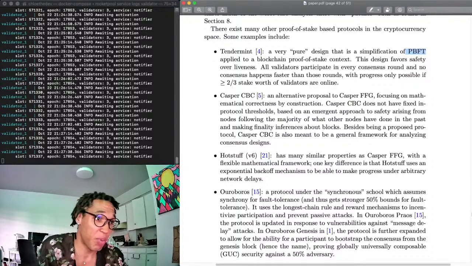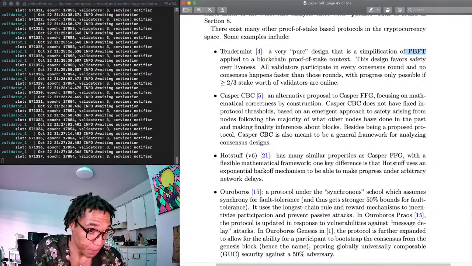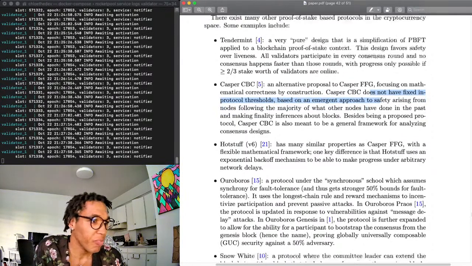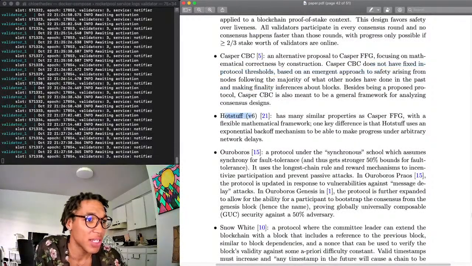It's an alternative proposal to Casper FFG, focusing on mathematical correctness by construction. Casper CBC does not have fixed in-protocol thresholds. Very cool. There's HotStuff, version 6, very similar to Casper FFG with a flexible mathematical framework.